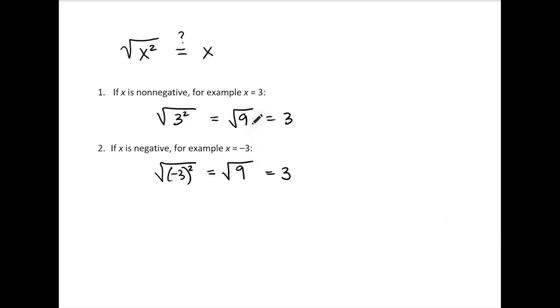So just as we got in the first case, the positive or principal square root of 9 is equal to positive 3. Notice here, we started with a negative 3 in the first expression, and then we got a positive 3 in the second expression. In this case, the value that we got on the right is equal to the absolute value of the number that we started with. Because if we raise something to the second power, it will always come out positive.